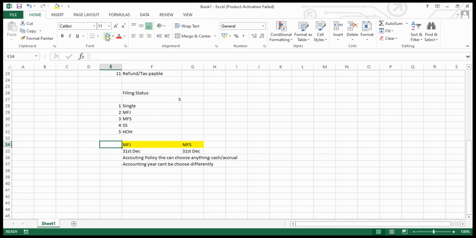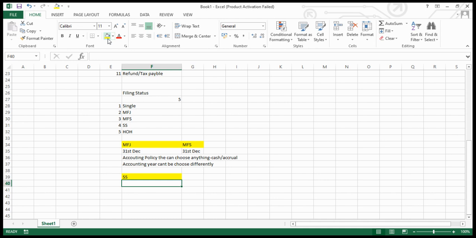Okay, so apart from MFJ and MFS, now I am moving on to the surviving spouse. Before going to surviving spouse, the main criterion is that one of the spouses has died.